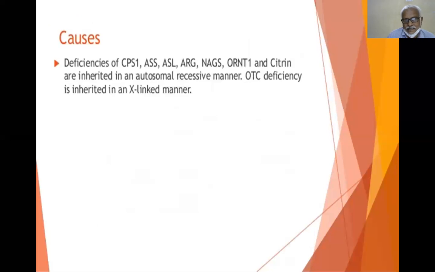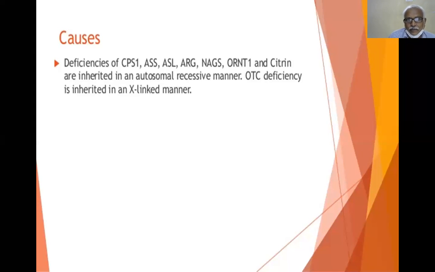So now, this is the most important one. You have to remember and mark it up as long as you are living as a doctor on the face of this earth. Deficiencies of CPS1, ASS, ASL, ARG, NAGS, ORNT1 and citrin are inherited in an autosomal recessive manner, whereas OTC deficiency only is inherited in an X-linked manner.